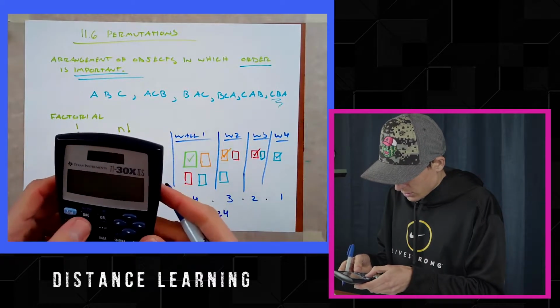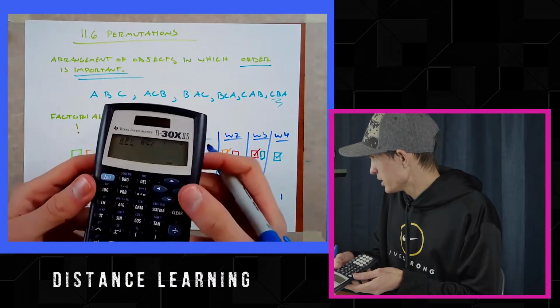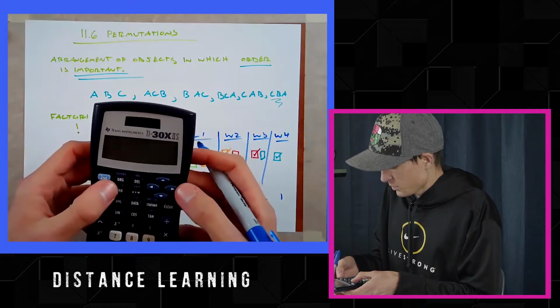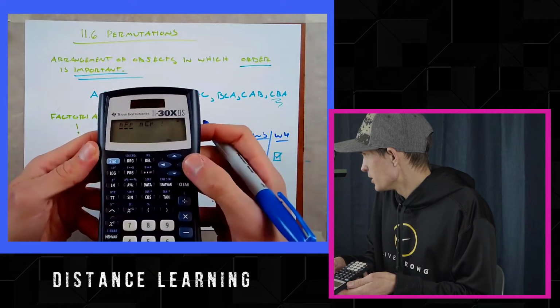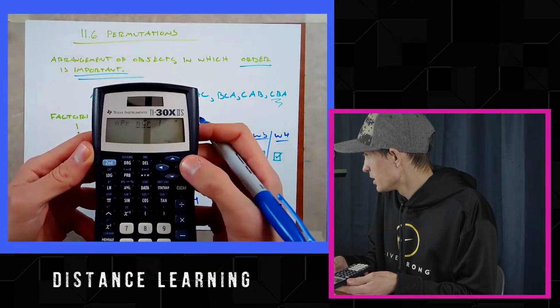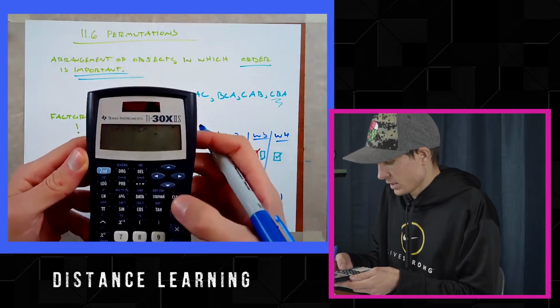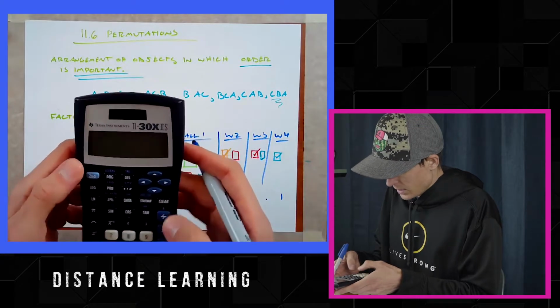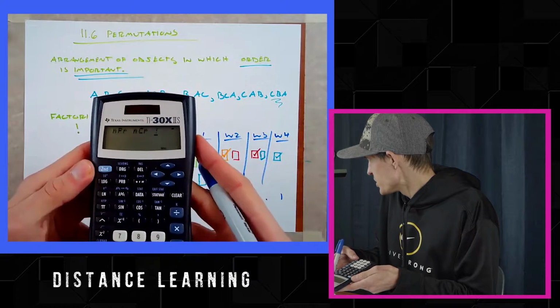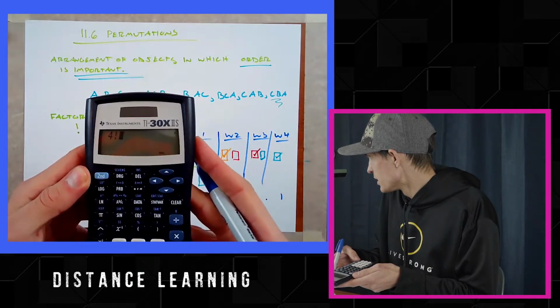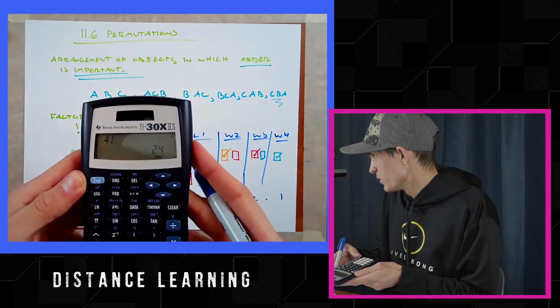However, there's also a button on your calculator. Do you see this PRB button? It's the probability button. You'll see there's an nPr, nCr, and exclamation point. So if I put 4, PRB, exclamation point, enter, I also get 24.